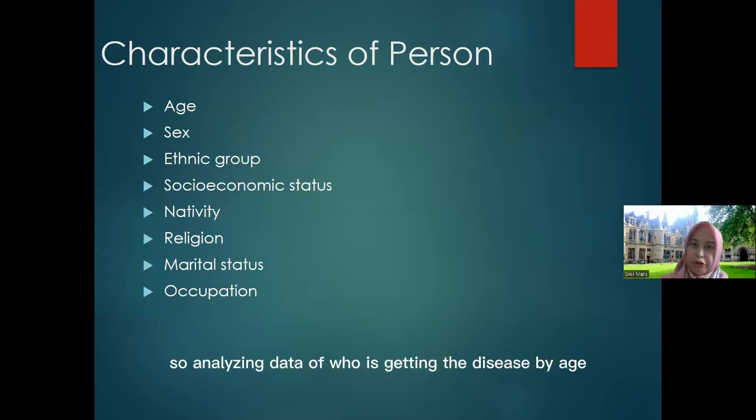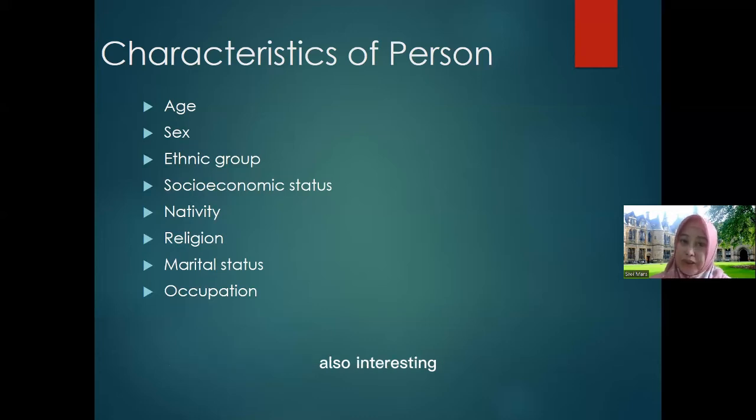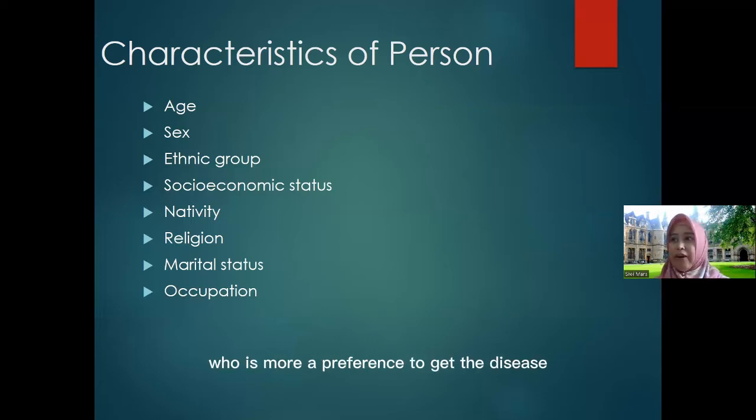So analyzing data on who is getting the disease by age is also interesting. And then about sex, female or male, who is more prevalent to get the disease. Every disease may be different, so it will also be interesting.